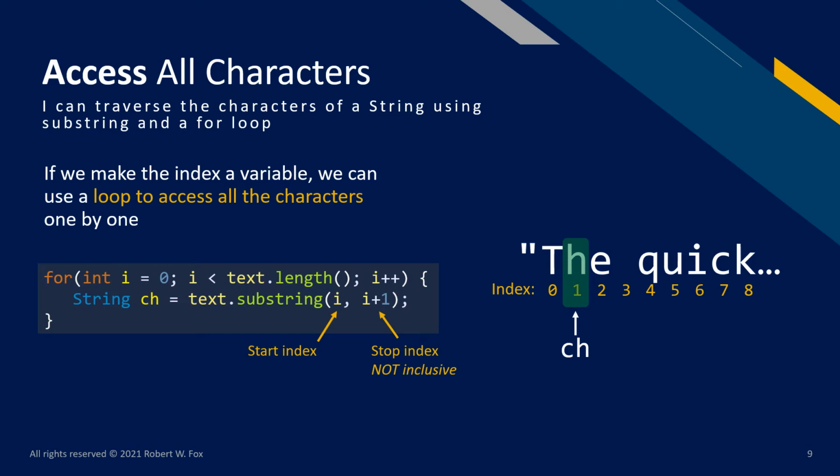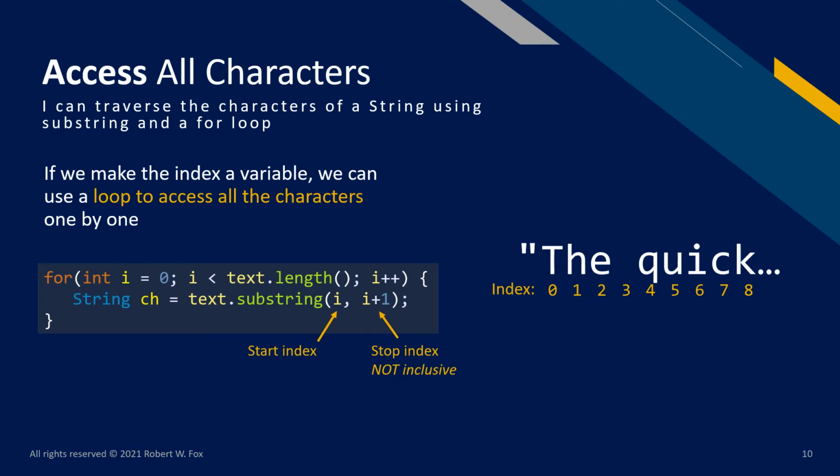Now, keep in mind that when we take this substring, we're saving the result in this variable ch. So the first time through the loop, ch was the capital T, and now it's being replaced the second time through the loop by a lowercase h. Each time we loop, that variable will get replaced with a new value.